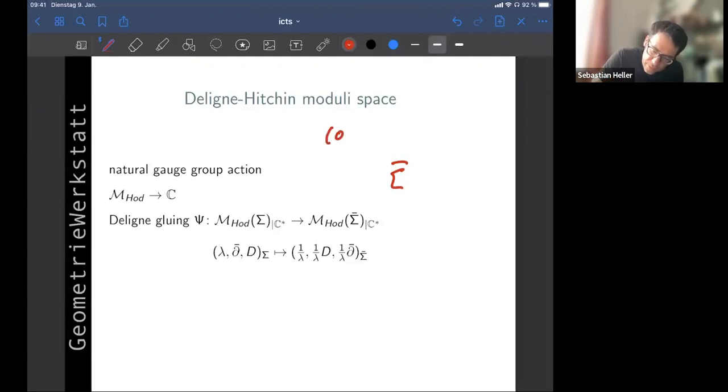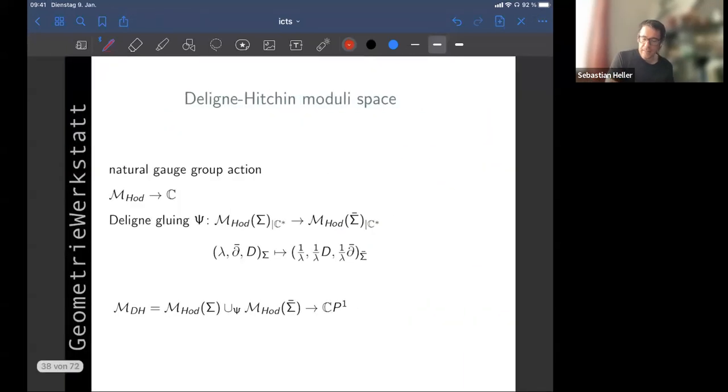So 1-0 on sigma is basically the same thing as 1-0 on sigma bar and vice versa. So this formula, 1 over lambda D and 1 over lambda del bar, is actually a 1 over lambda connection on the complex conjugate Riemann surface. And we get a way of gluing the moduli spaces, and this gives us a fibration over CP1.